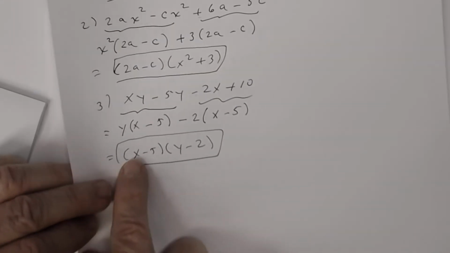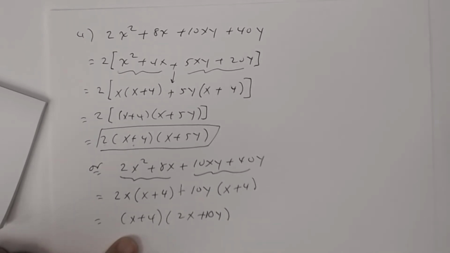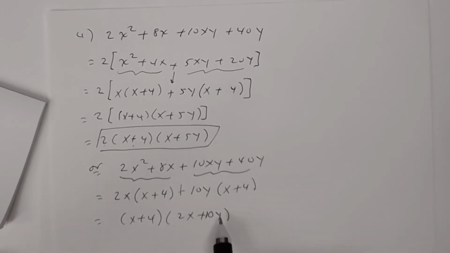And we continued on. But now look at this. What's the GCF of x plus 4? That's true, it is 1. But what is the GCF of 2x plus 10y? It is 2. So that means that this is not the answer, because you got to make sure that your factors are factored completely.